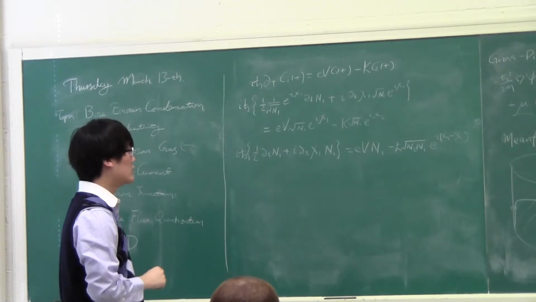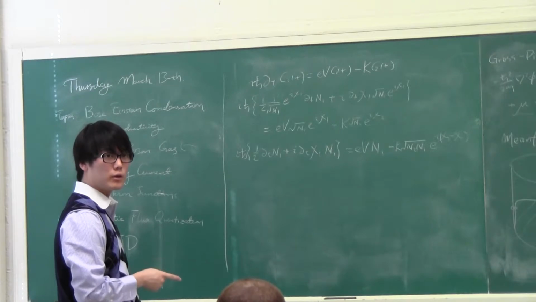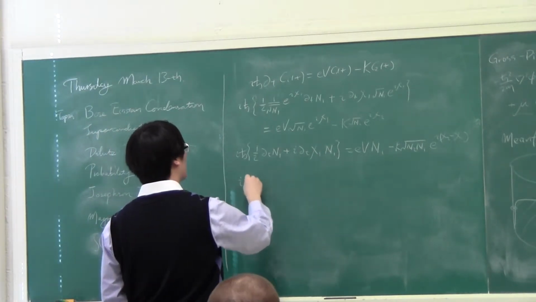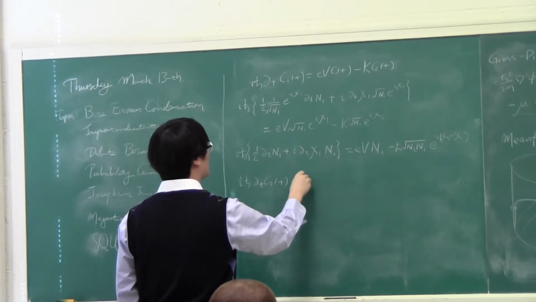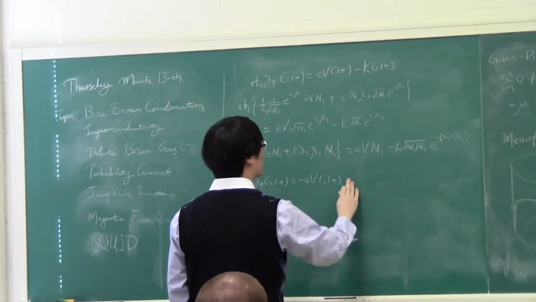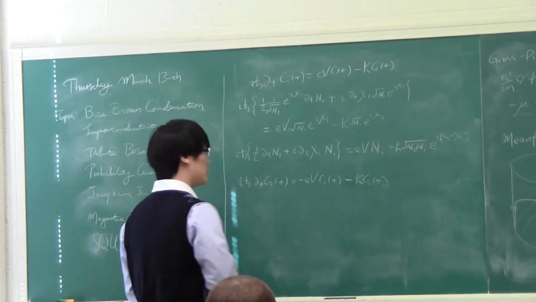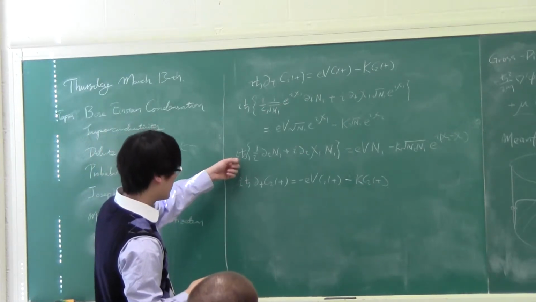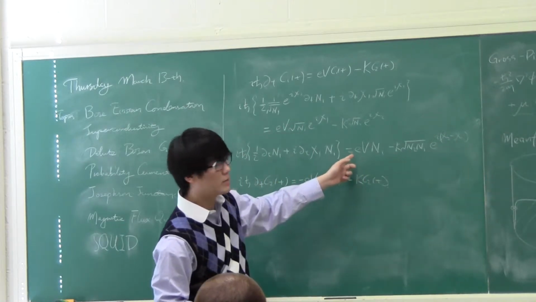Alright. Now we can correspondingly write down the equation for chi2 and n2. So nothing changes except some sign. Minus E V C2 of t minus alpha C2 of t. Right? So now if we do the math, we can just rewrite this. Now switch the index and put a minus sign here.